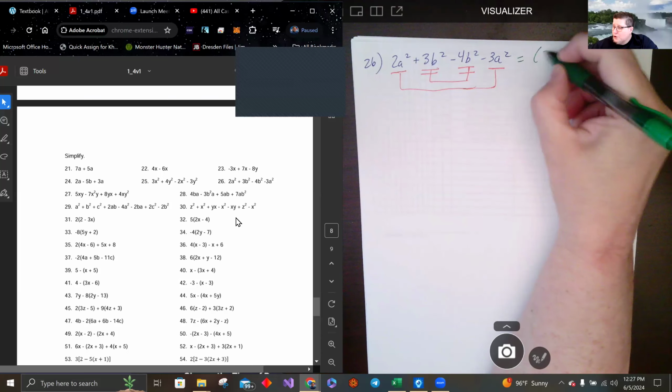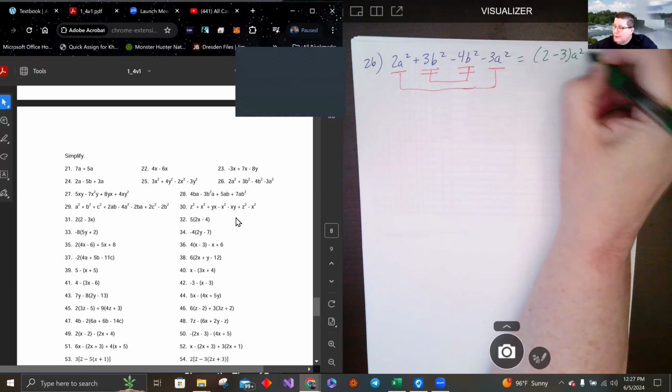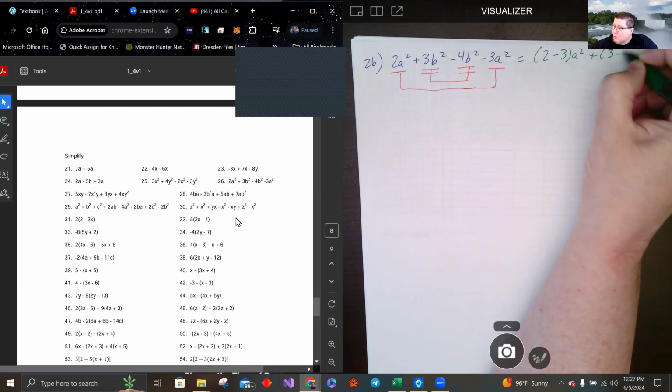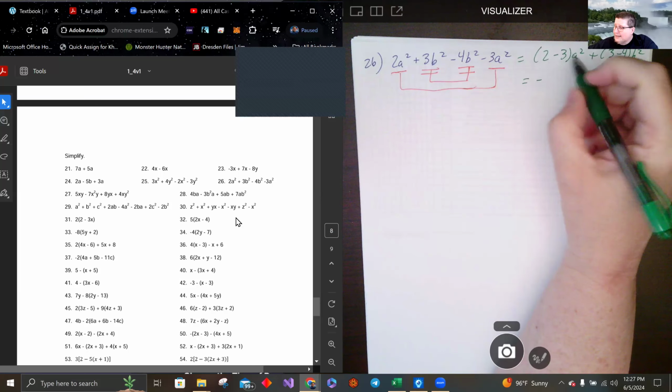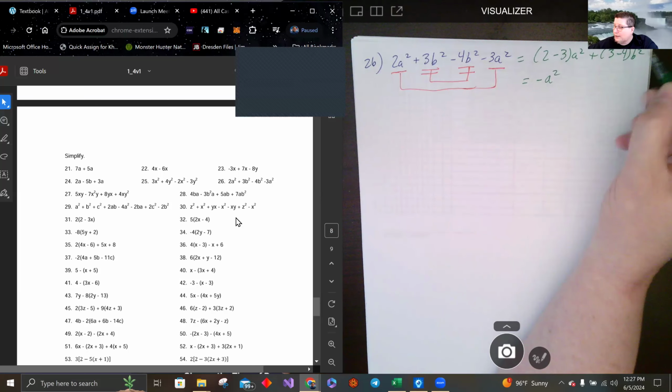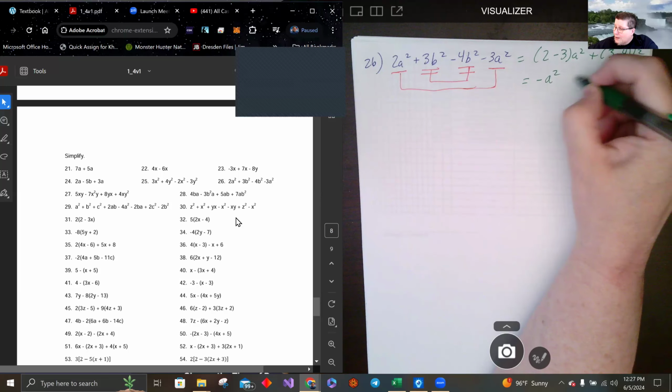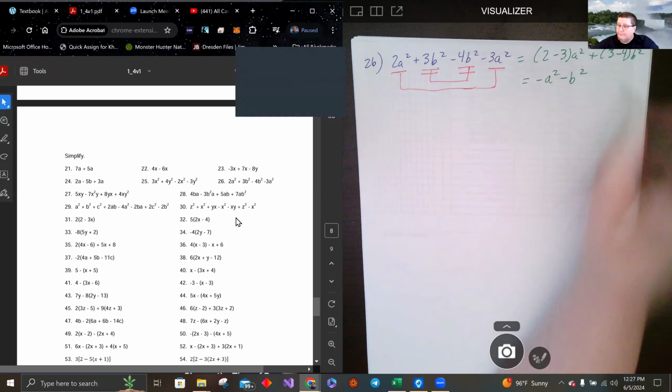So I have 2 minus 3a squared plus 3 minus 4b squared. That is negative 1a squared, or just negative a squared, and negative 1b squared, or just negative b squared.